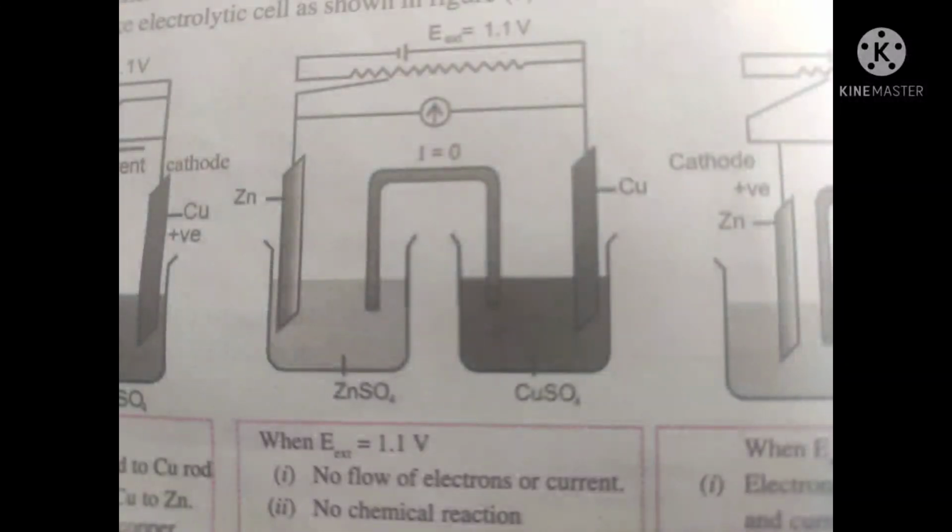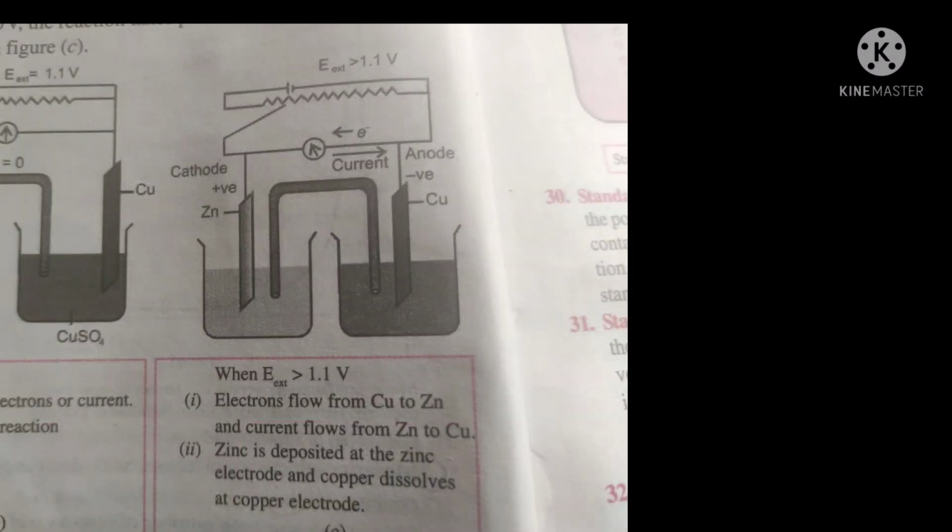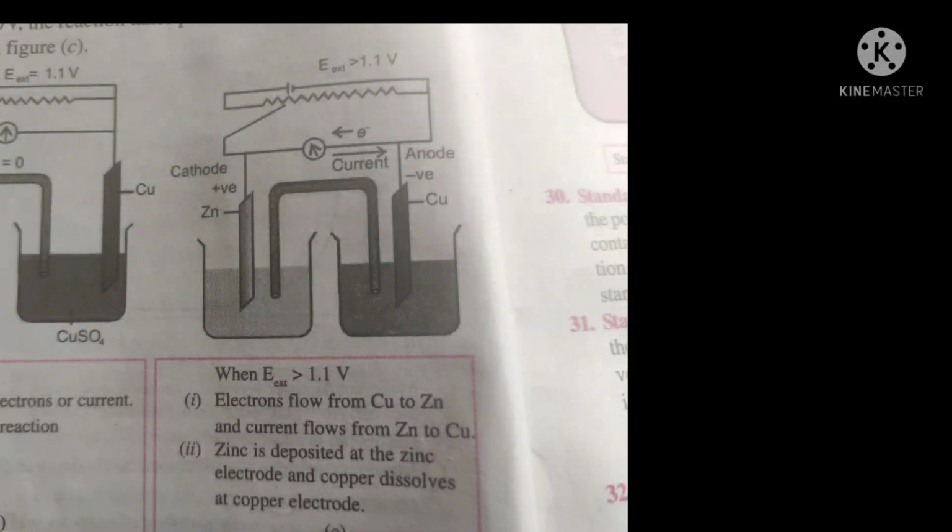When the external voltage is 1.1 volts, no flow of electrons or current takes place through the circuit and also no chemical reaction takes place. That is shown in the picture. And if the external voltage is greater than 1.1 volts, electrons flow from copper to zinc and current flows from zinc to copper. Zinc is deposited at the zinc electrode and copper dissolves at the copper electrode.